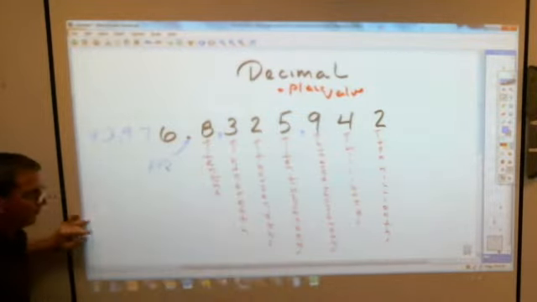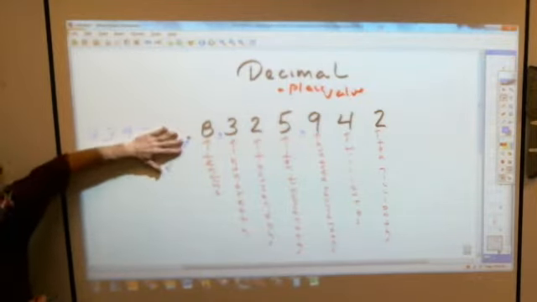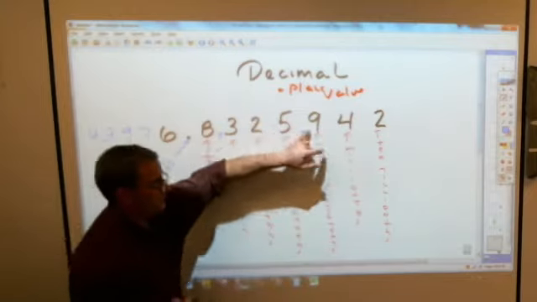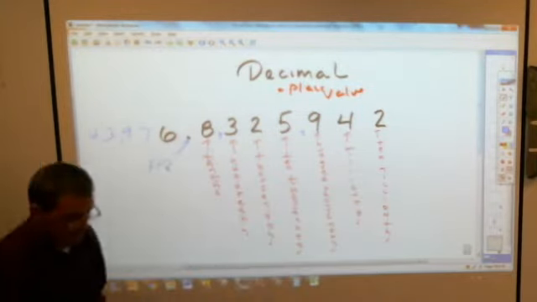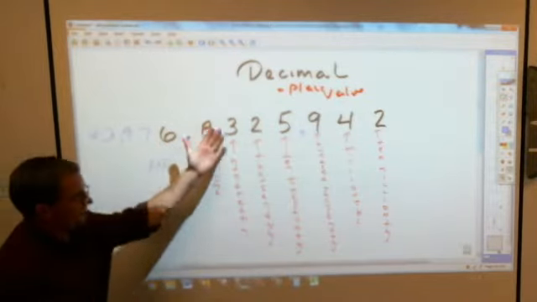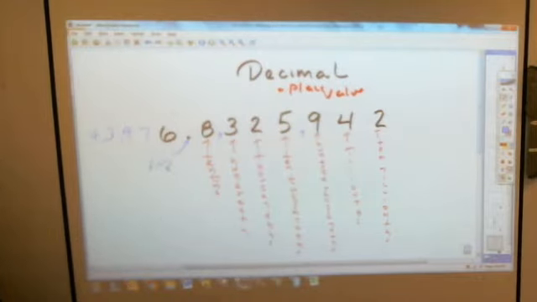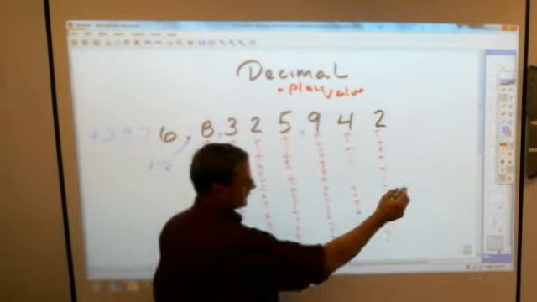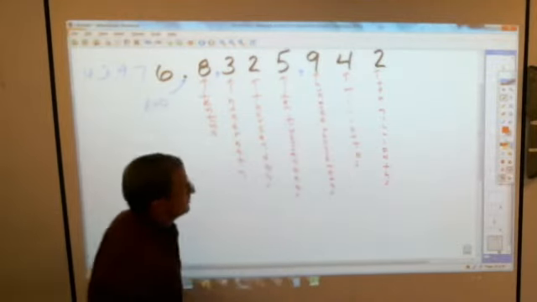So, starting from the beginning again: 43,976 and 8,325,942 10 millionths. Kind of got that? Usually we don't write that big in decimal numbers, but sometimes we do.